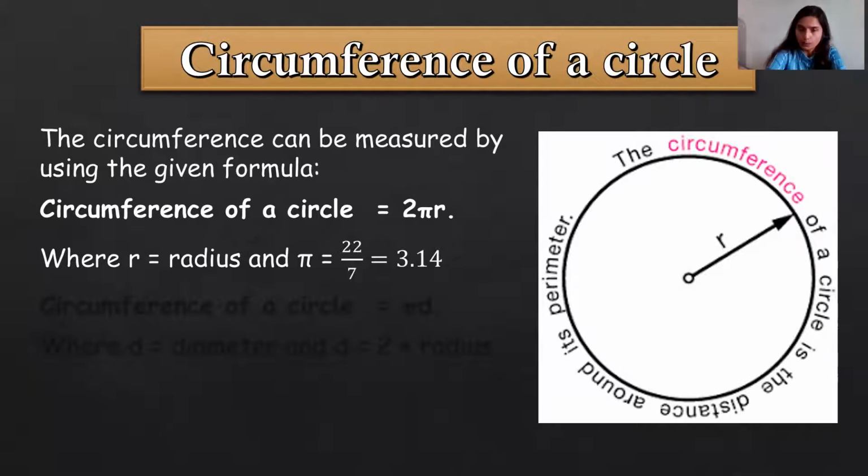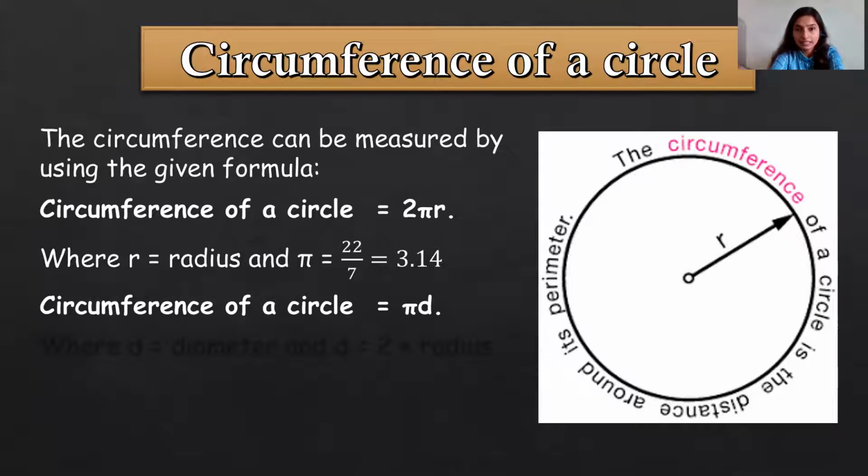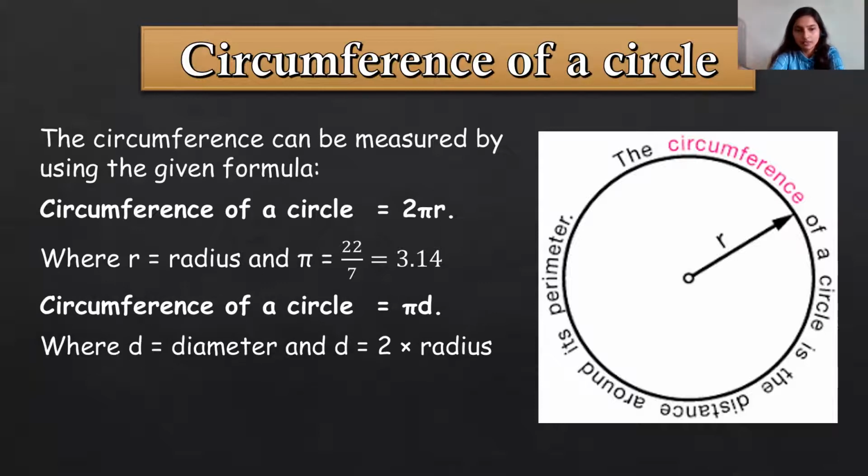And as we know that the diameter is twice the radius, there is one more formula with which we can find the circumference of the circle, which is pi d. Pi times d, where d is the diameter, which is equal to 2 times radius. So these are the two formulas with the help of which we can find the circumference of a circle.